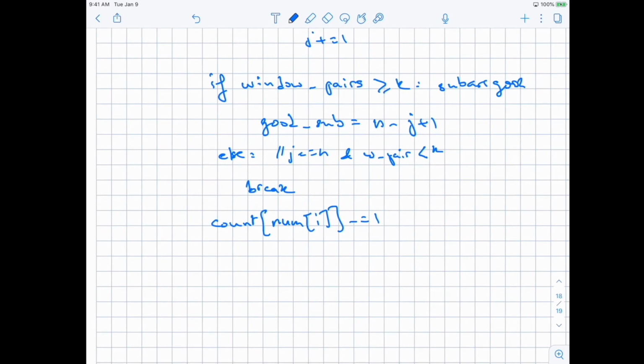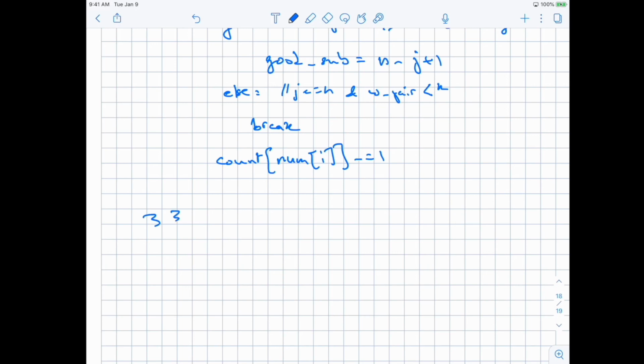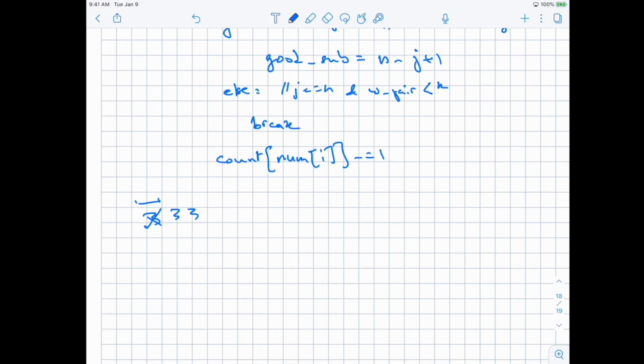But for the pairing, let's say for example two threes, and we just collapsed I, which was at a position that has 3, so we want to remove this one. What should we remove from the window pairs? Well, with 3 we had these 2 pairs attached.